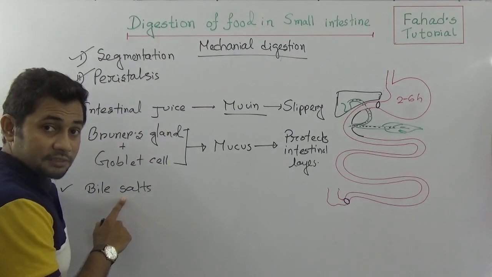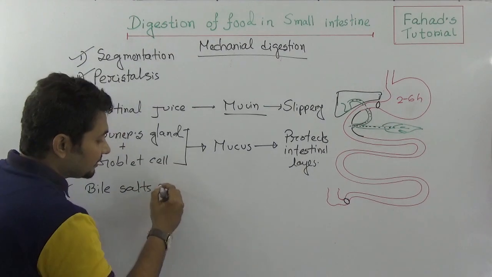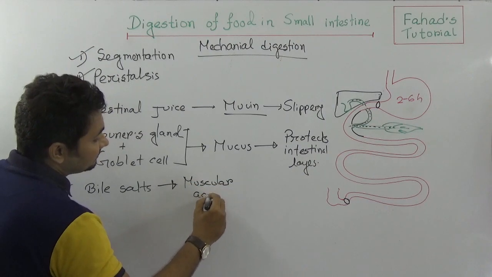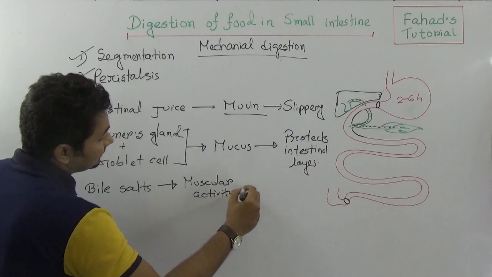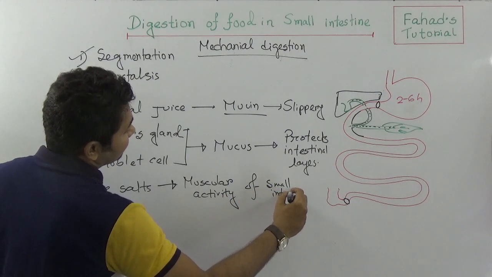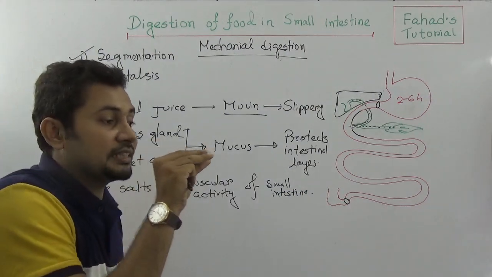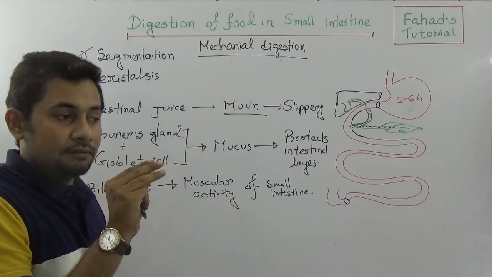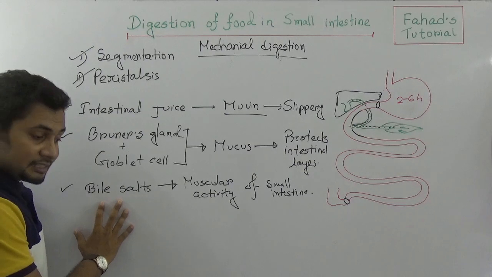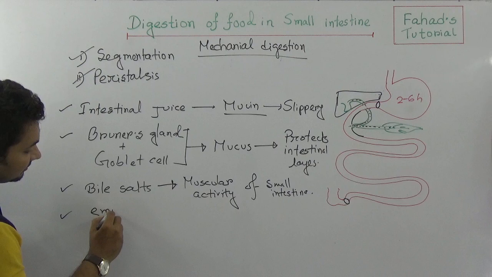Bile salts have another activity, on the muscular activity of the small intestine. It helps the muscles of the small intestine move the food particles from one side to another.